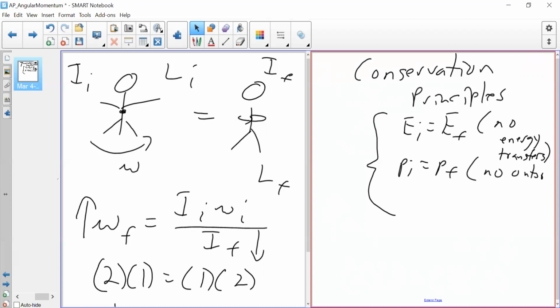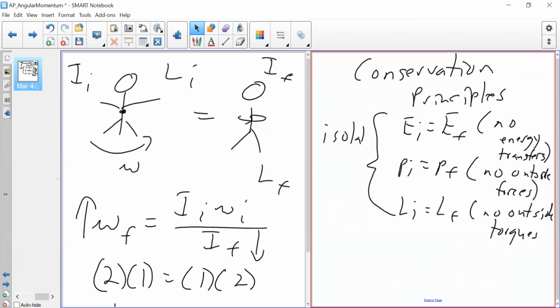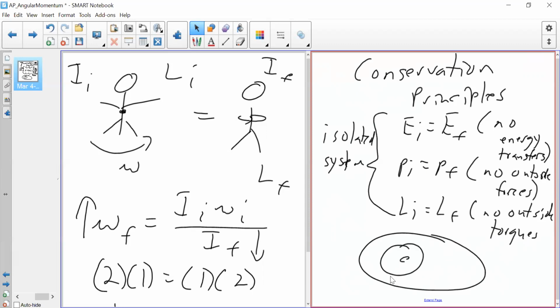No outside forces. And then we get angular momentum saved for no outside torques. And these only work if the system is isolated. Close it off, spinning objects, and then this hits another one here, right?